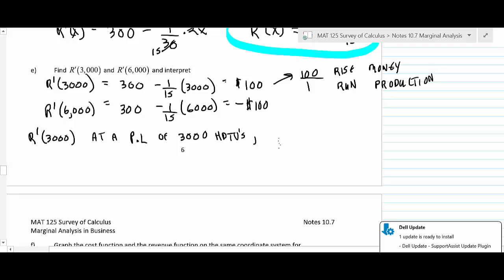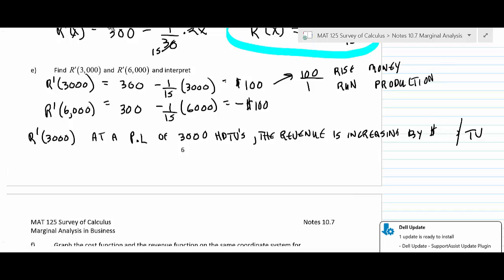Then what you're going to say is the revenue. You're telling me about the revenue, and how it's changing. Since that's positive, you're saying the revenue is increasing by $100 per television. Not 1,000, I've got to put an extra zero in there.